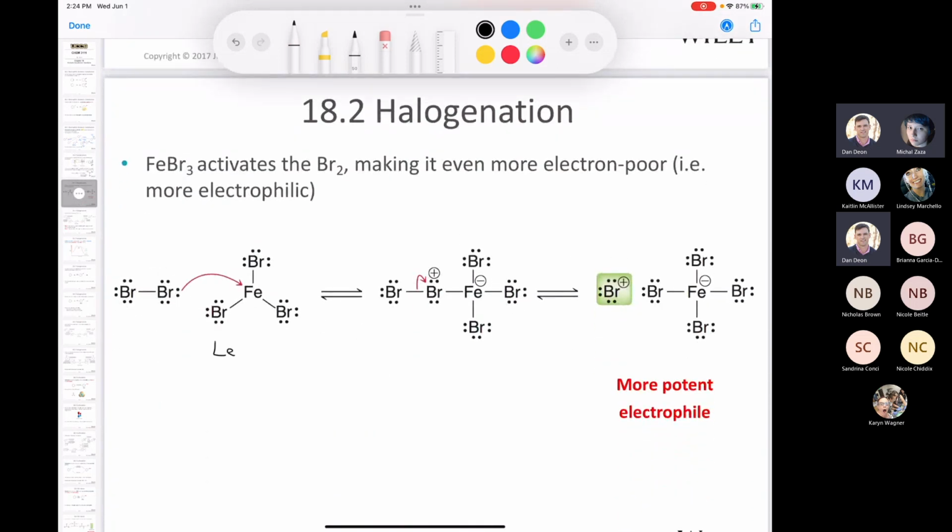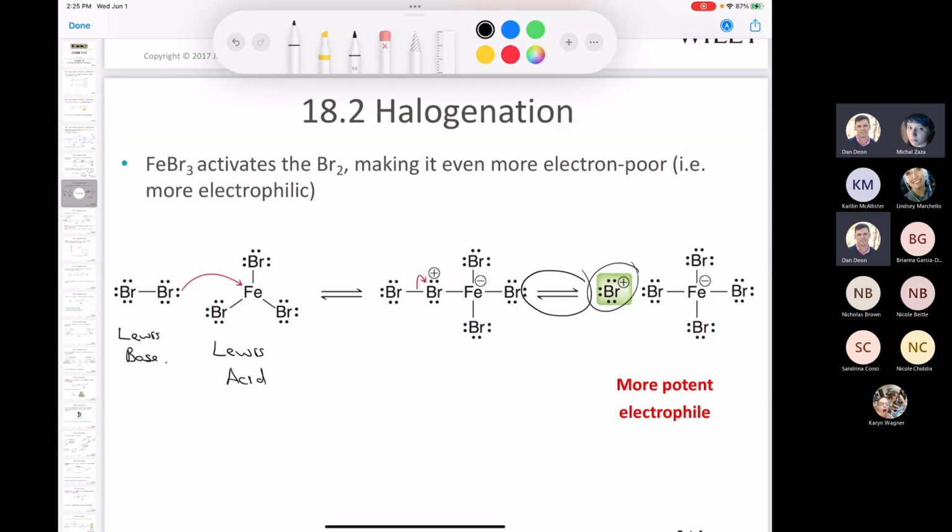So here's our Lewis acid, our FeBr3, and it's reacting with bromine, which is essentially acting as a Lewis base, an electron donor. And then we end up making this intermediate. I would call this a complex. It's in equilibrium with this FeBr4 anion and an electrophilic bromine.